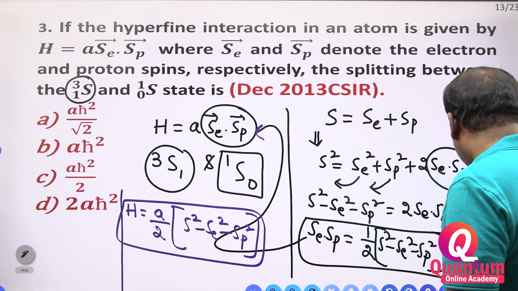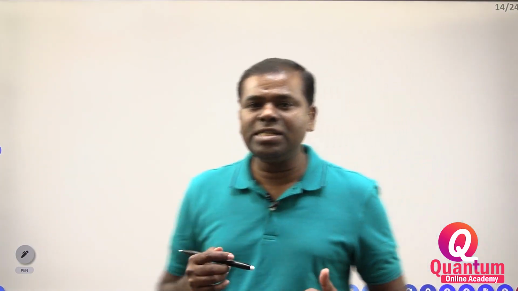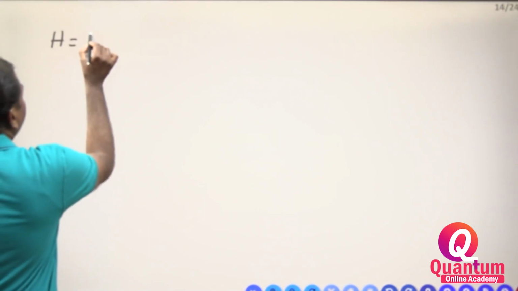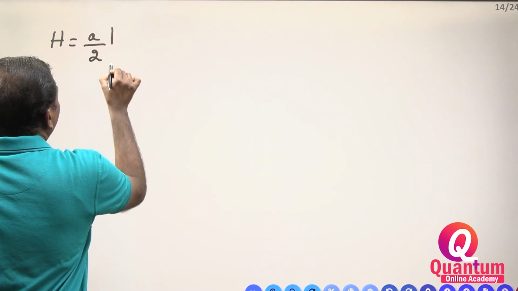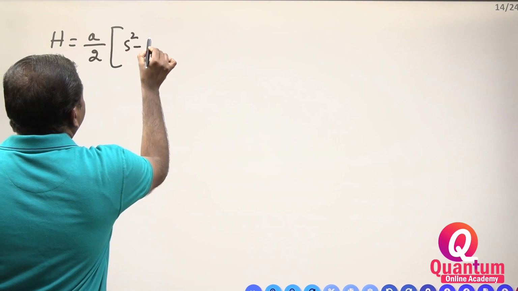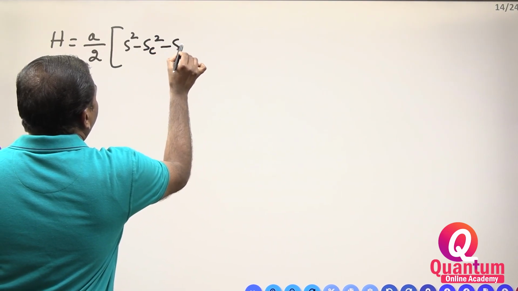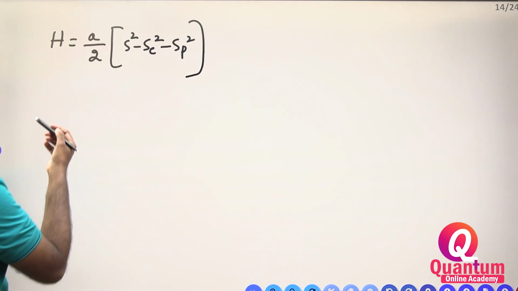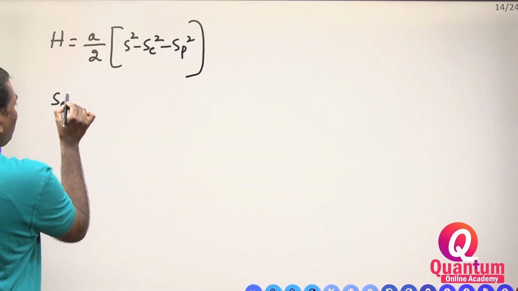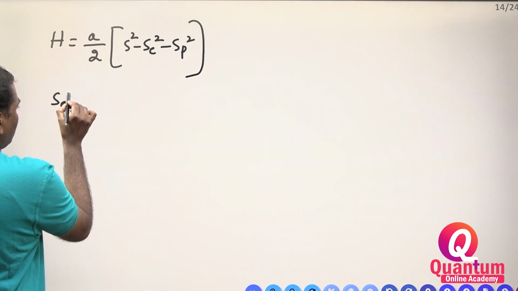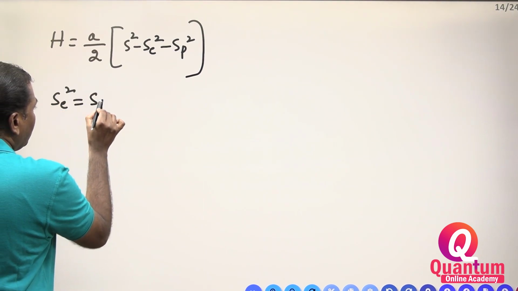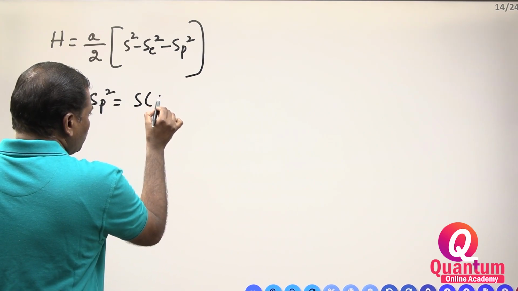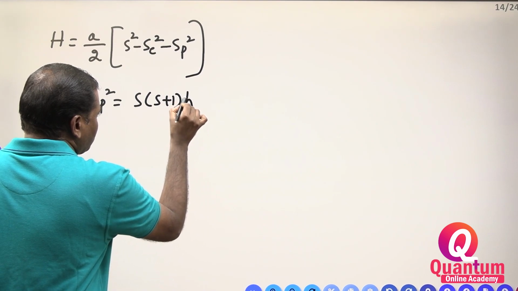How do we have to calculate? Again you have to see: H is equal to A by 2 into S square minus Se square minus Sp square. Now we have to calculate Se and Sp. Se square is equal to Sp square is equal to S into S plus 1 into H cut square.